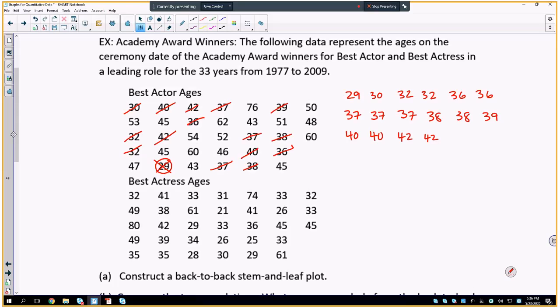And what about, here's 43. I have 2 people who were 43. And I see 45, two people. Then 46, 47, and 48.